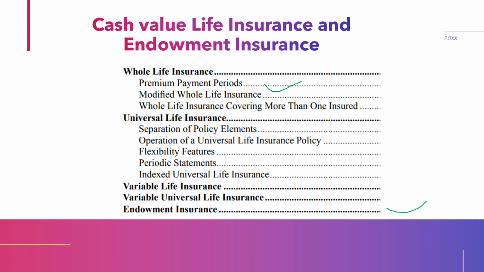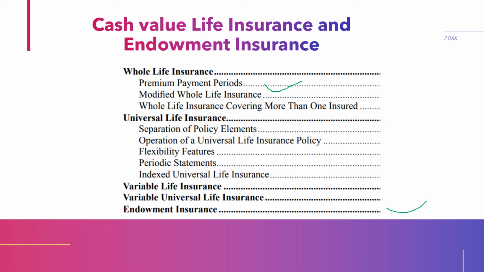Limited premium policies, for example paid-up policies, you pay the premium for a particular term, 5 years, 10 years or 15 years, based on your convenience. You can decide whatever option is present for that policy. And continuous means your coverage is until you die, so you will be paying your premium until you die. So that is the continuous premium payment period.